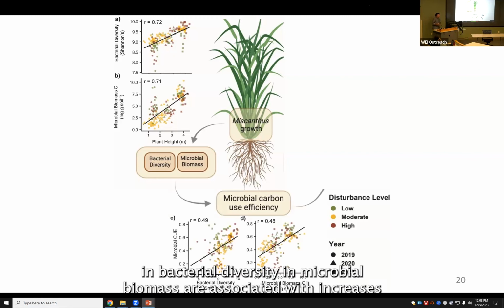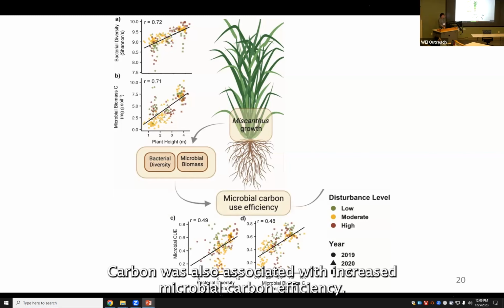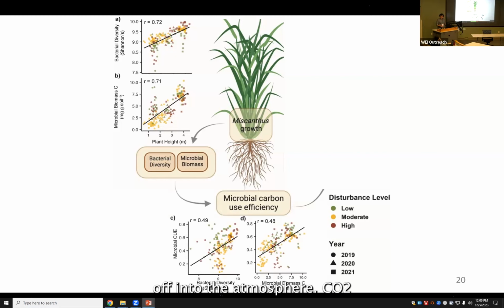Then these increases in bacterial diversity and microbial biomass were associated with increases in microbial carbon use efficiency. And microbial biomass carbon was also associated with increased microbial carbon use efficiency. So the microbial cycling of carbon was occurring in such a way to keep that carbon in soil rather than it being blown off into the atmosphere as CO2.